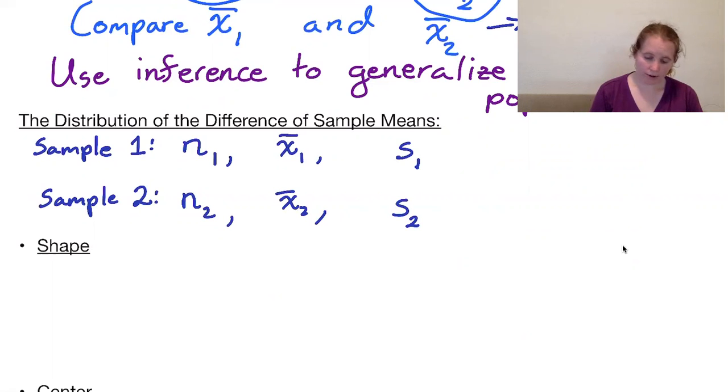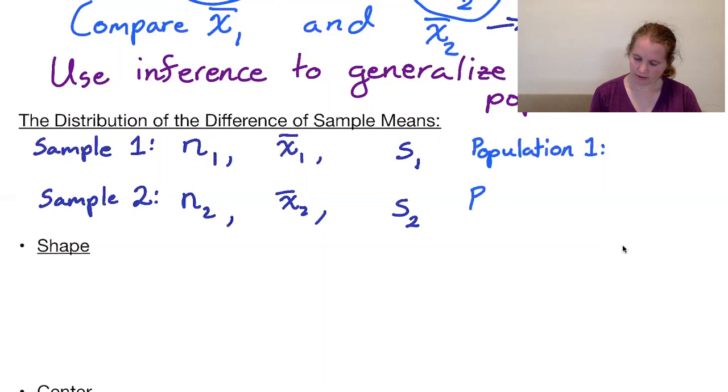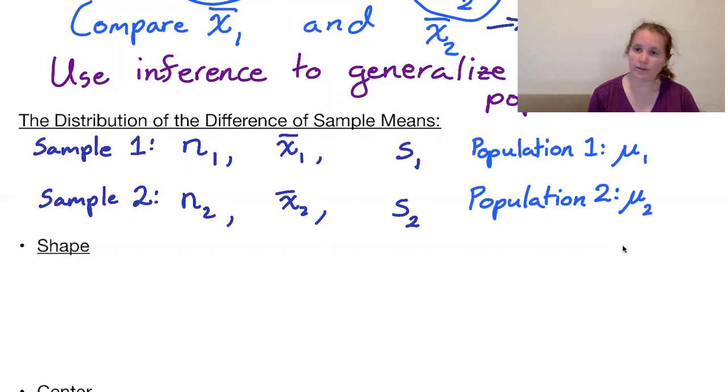And then we also will just have for our populations, population 1 and population 2, a population mean mu1 and population mean mu2.